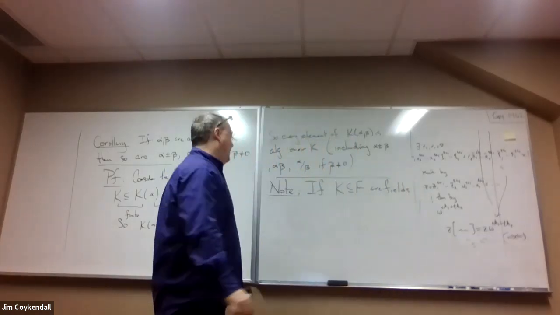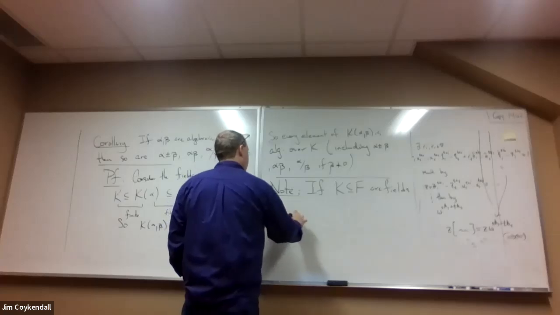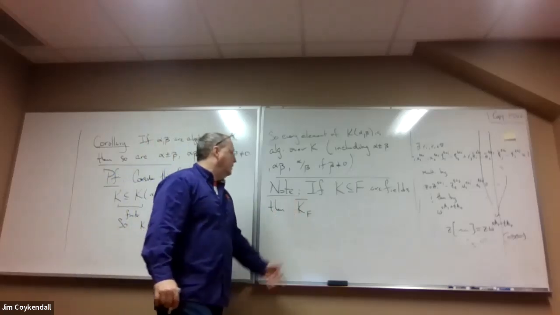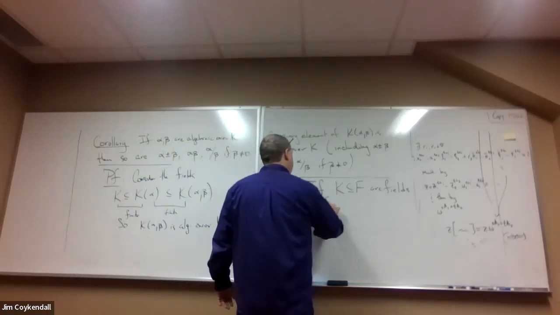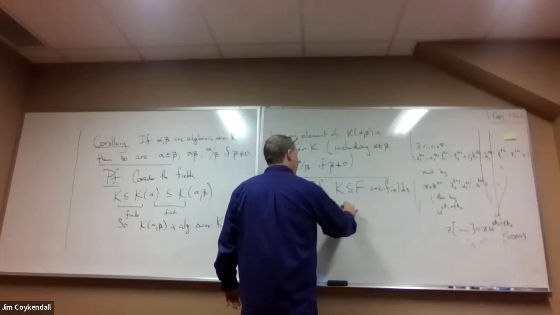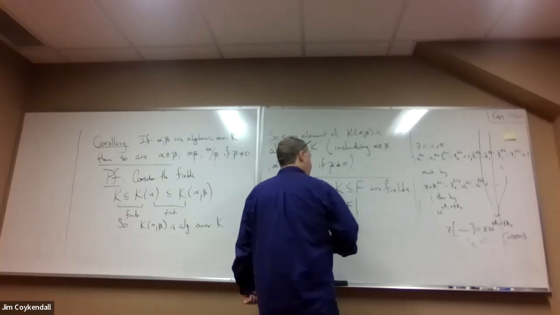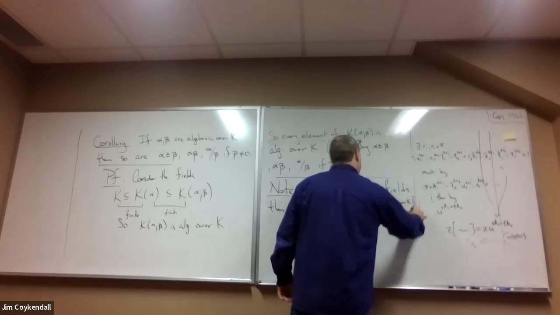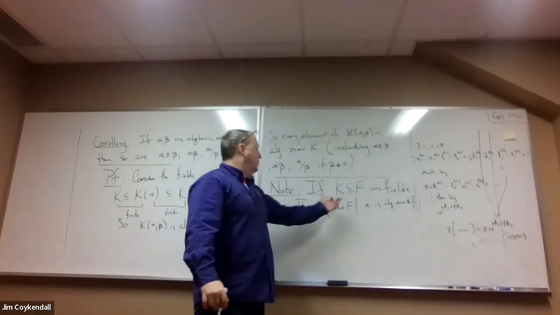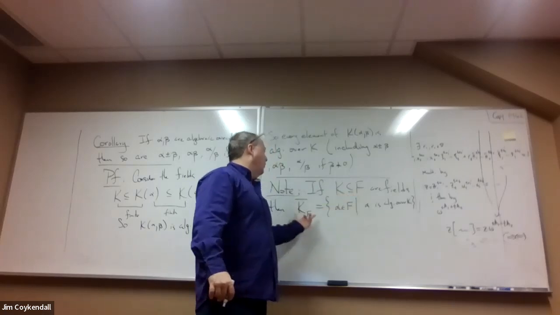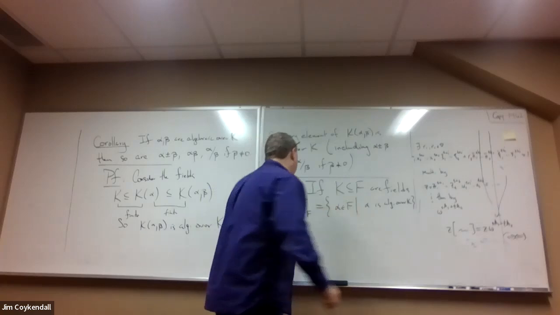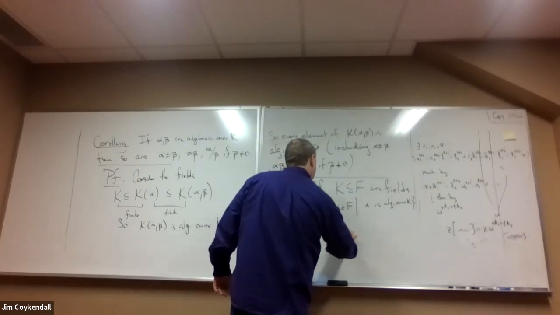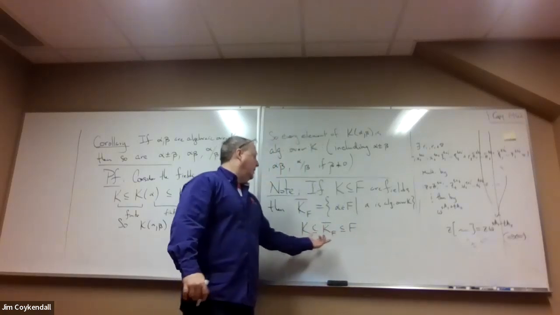If K and F are fields, then, so I'm introducing some notation here, K bar sub F is the set of everything in F such that alpha is algebraic over K. So what you can do is take this extension here, and now you can pull out all the elements that are algebraic over K. It's a set.